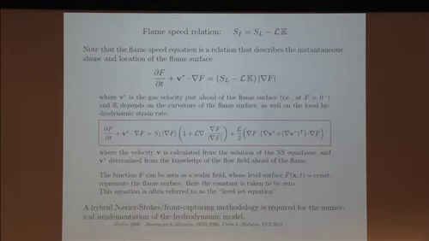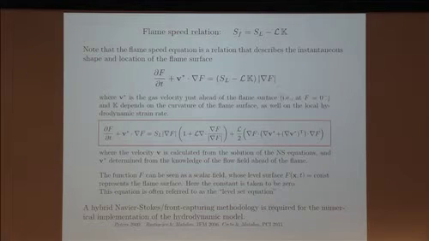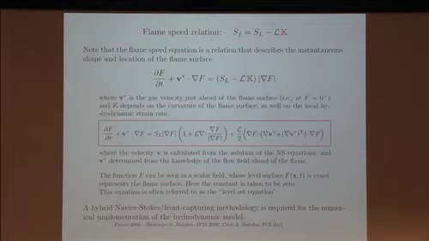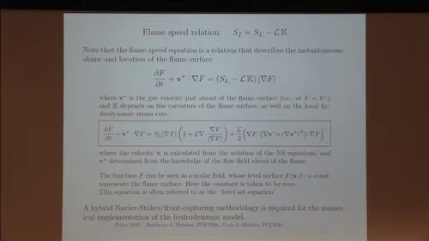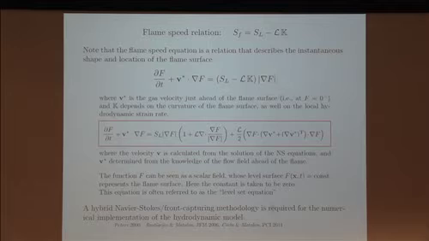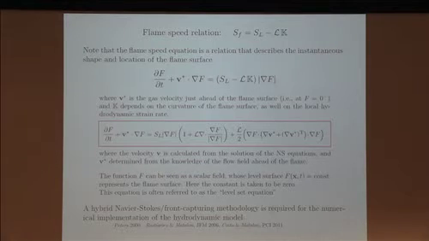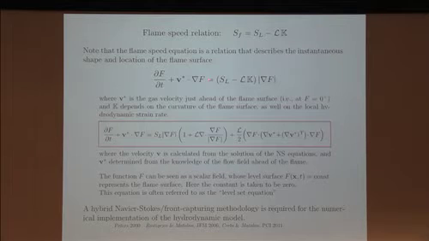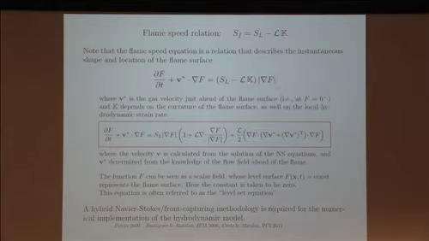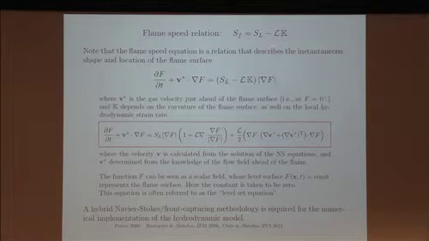The next item, or the next comment that I want to make before talking about Markstein length, is that, remember I told you earlier that the flame speed is equivalent to a statement of an equation that describes the evolution of the flame, that if you want you call G, if I want I call F, whatever. And so here is the equation, but now instead of the flame speed S_F, I wrote the flame speed with the Markstein correction, right?